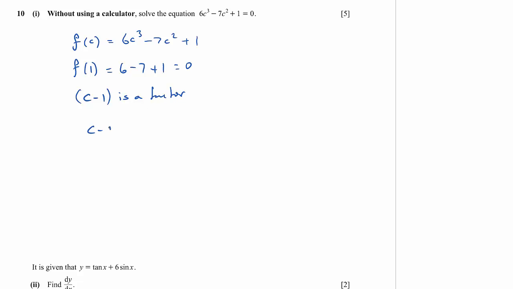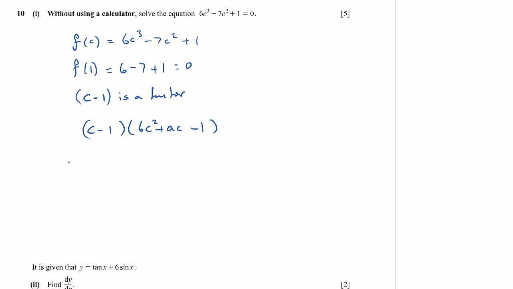So then I've got c take away 1 and then a quadratic. To get 6c cubed, I need 6c squared. To get the plus 1 on the end, I need a minus 1. I don't know what's going in the middle, so I'll call it just ac. And then we can do that by comparison.